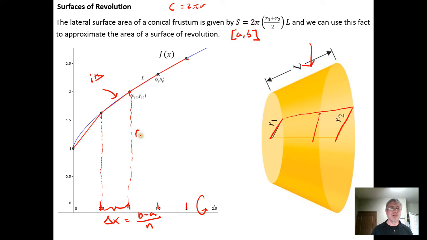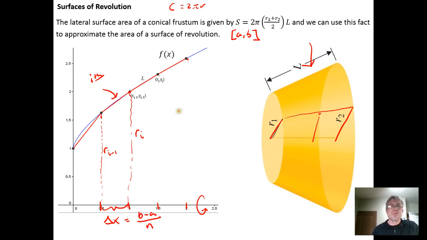This is the ith radius, and this is the (i minus 1)th radius, corresponding to our r1 and r2 here. We rotate this line segment, we get a frustum with radii r sub i minus 1 and r sub i. And then I could calculate the surface area of the frustum I get when I rotate this line segment.